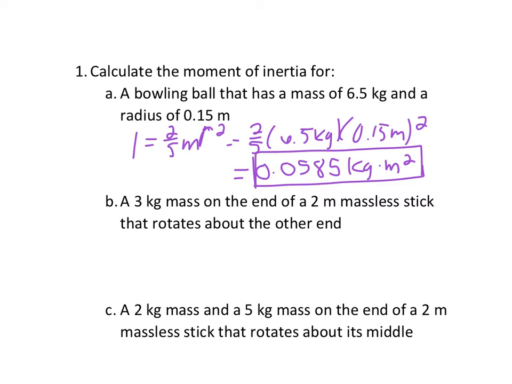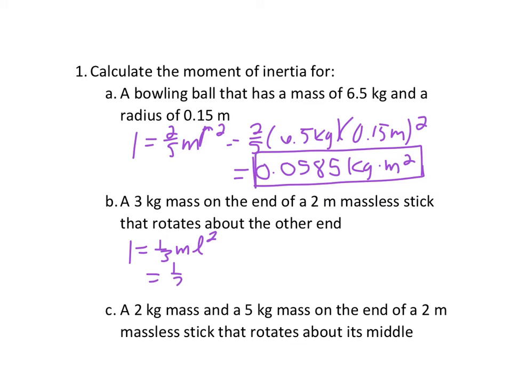Okay, next one, we have a 3 kilogram mass on the end of a 2 meter massless stick that rotates about the other end. So this would be a thin rod rotated about the end, where the moment of inertia equals 1/3 ml squared, L being the length of the rod.